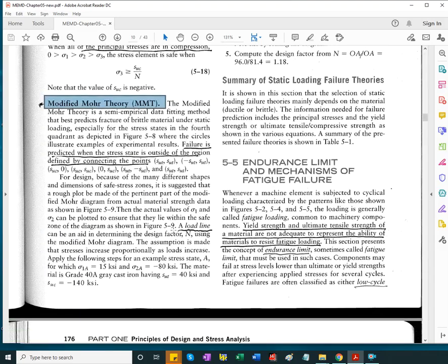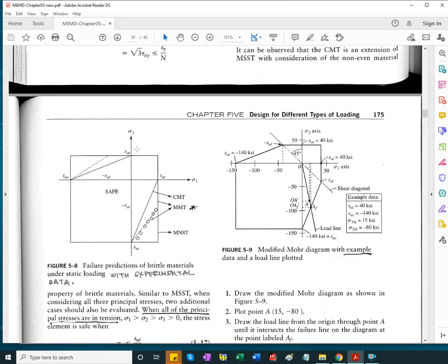The way we use this kind of graph is by placing what is called a load point. So you calculate using Mohr circles sigma 1 and sigma 2, or sigma 1 and sigma 3. You position it on the sigma 1, sigma 3 graph, and that's the load point, connected with the no load point, and that's the load line.